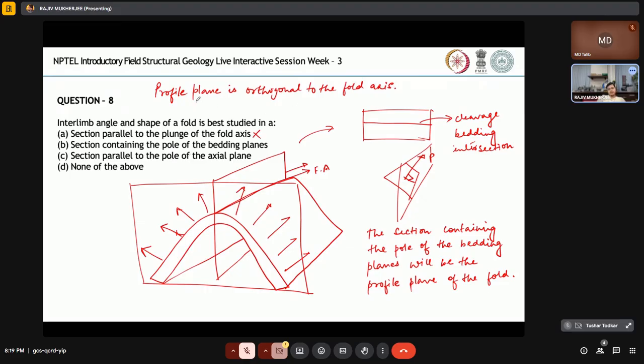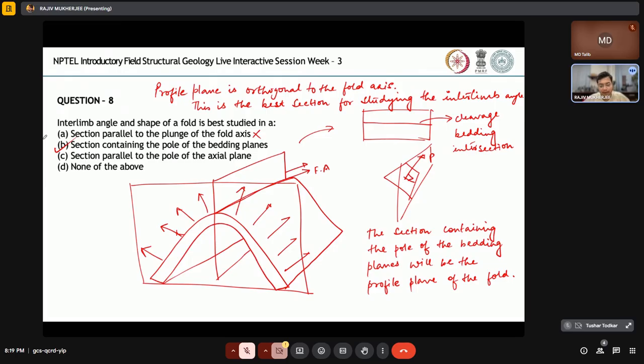So this is the best section for studying the interlimb angle. So option B is the correct answer. That is, the section containing the pole of the bedding planes will be the appropriate section for studying the interlimb angle and the shape of the fold.